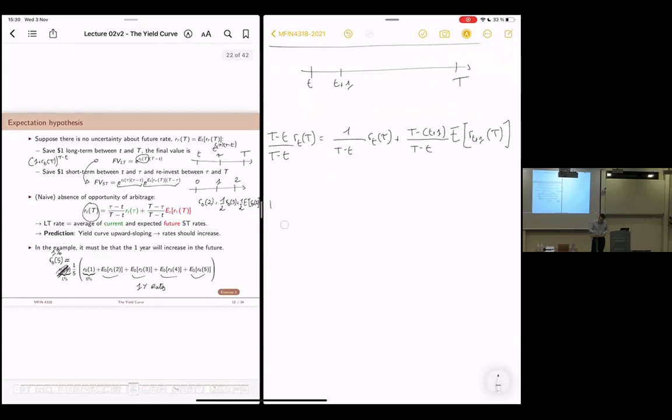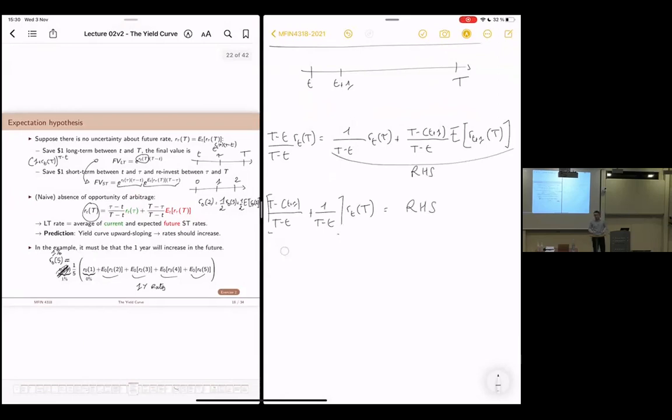I'm going to say that this is big T minus t plus 1, plus t, but now I have to add this one. And the right-hand side is exactly the same.